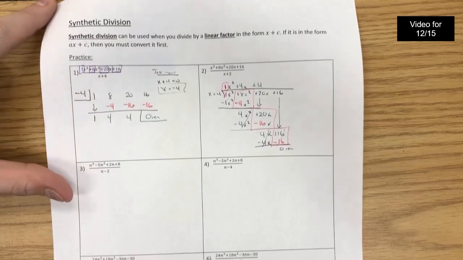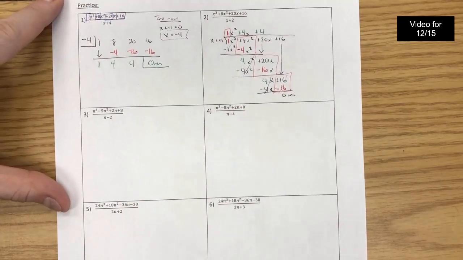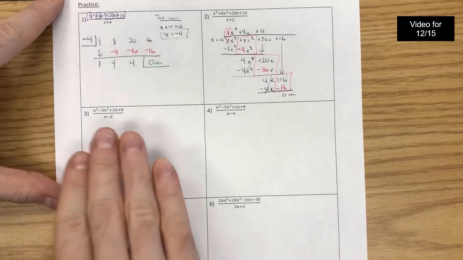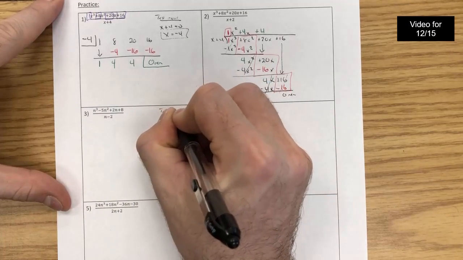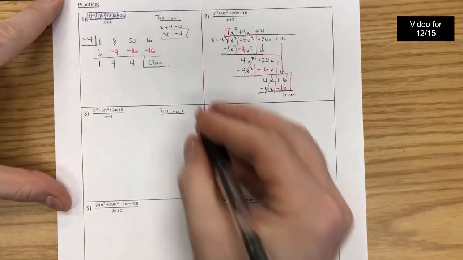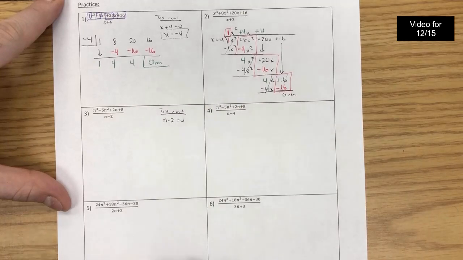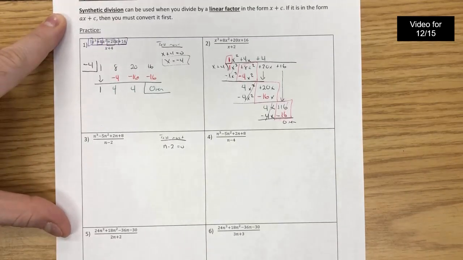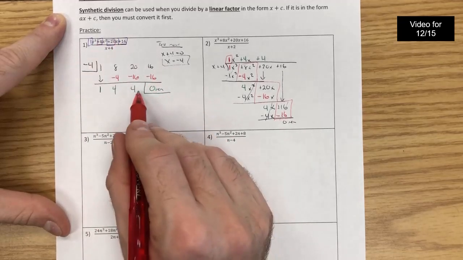So let's go ahead and try that one more time without all the fluff of working this over here. What we've got right here is I'm going to test the root, which means my n minus 2, I'm going to set that equal to 0. Oh, and before we move on, the other thing we can do is, for our answer, when I divide that out, I'm going to count up.